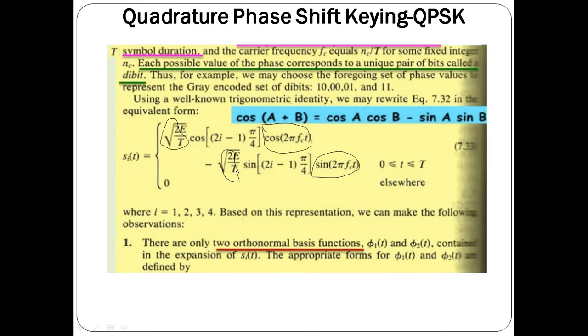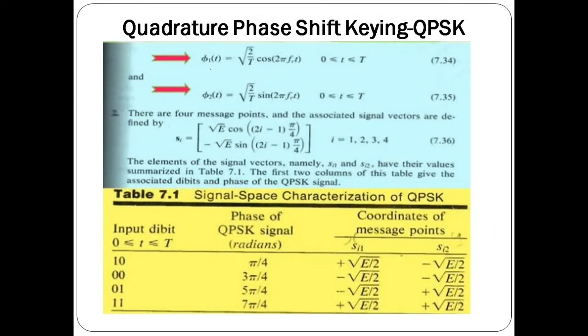So I take two orthonormal basis functions, one for each term: phi 1 of t as root 2 by T cos 2 pi f_c t, and phi 2 of t as root 2 by T sin 2 pi f_c t.